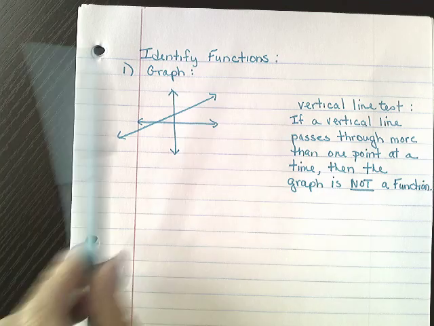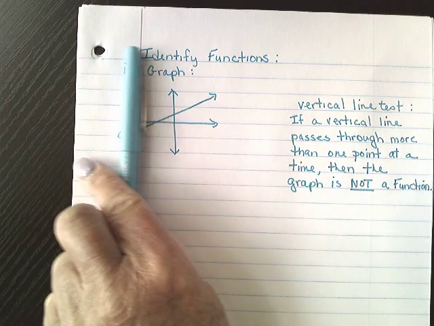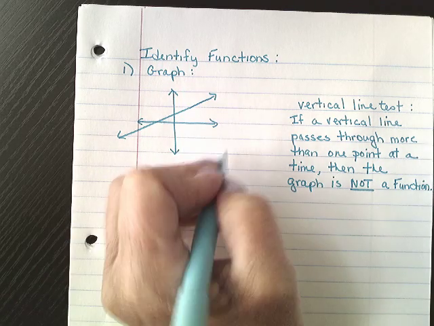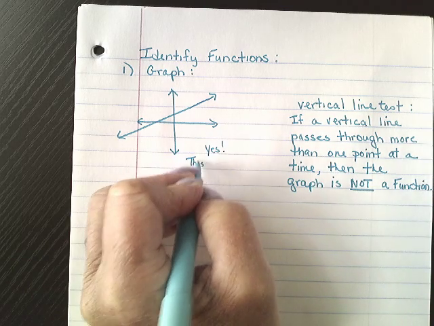If I take my vertical line and I'm looking at that diagonal line, and as I come across my graph, I'm not touching more than 1 point at a time. So therefore, yes, this is a function.